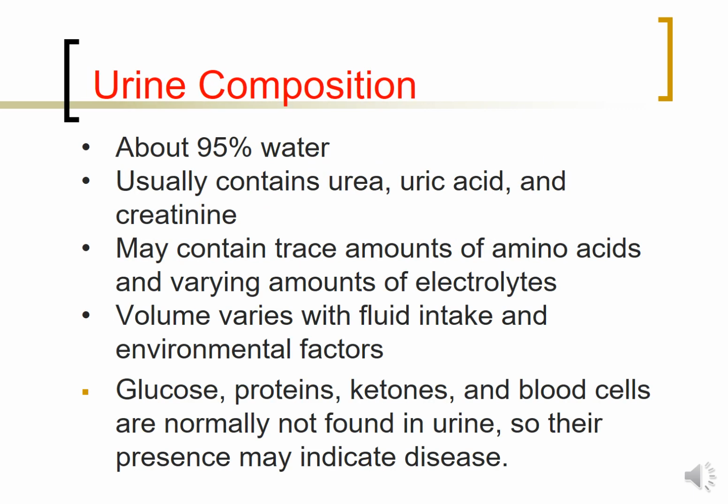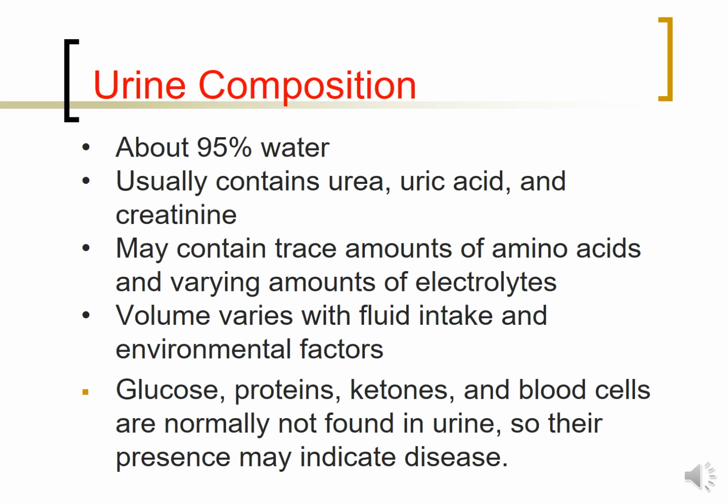Even with all this water reabsorption, urine still contains about 95% water. It contains urea and uric acid, which are breakdown products of the metabolism of proteins and nucleic acids, as well as creatinine, which is a breakdown product of creatine phosphate, which is found in your muscles.